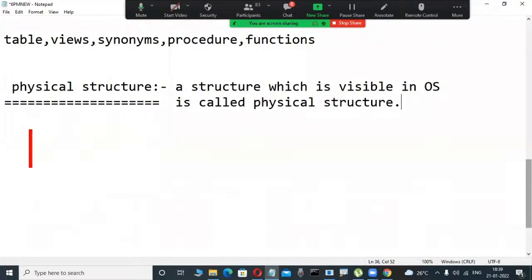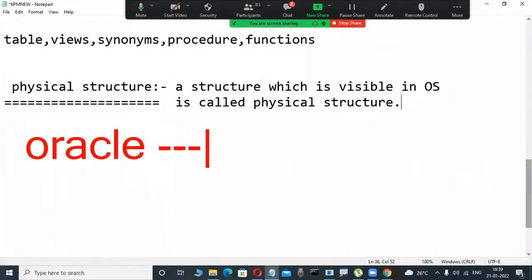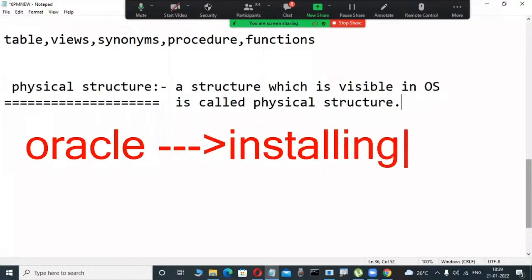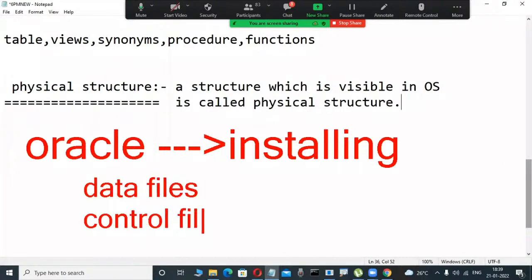Same in Oracle, a relational database software, or MySQL, SQL Server. Whenever I install Oracle, physical files are created automatically: data files, .dbf files, control files, and also redo log files.